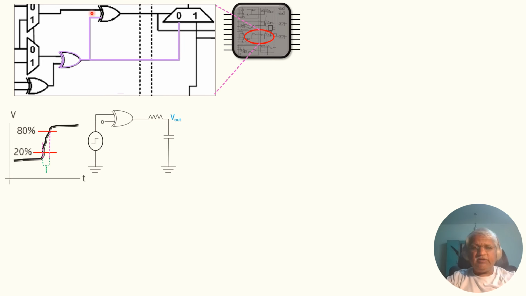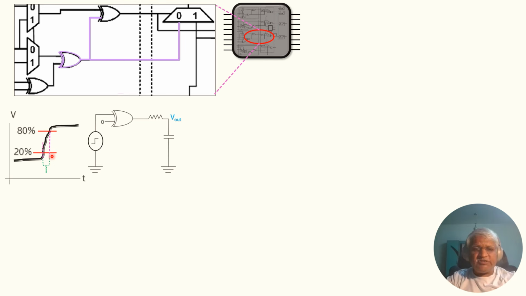Let us see how the transition changes. Assume the input of this cell is coming in this format, and assume this cell's other output is 0, as specified here. So now the output of this transition, that means the input of this XOR, is in this way.